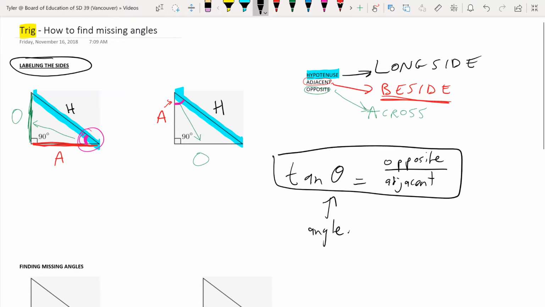This is a really cool formula that we're going to be using, and it will help us solve all of these triangles. You can have it written down, you don't need to memorize it, but you need to know how to use it. So I'm going to give you two examples, and then we'll do some practice questions from the worksheet.